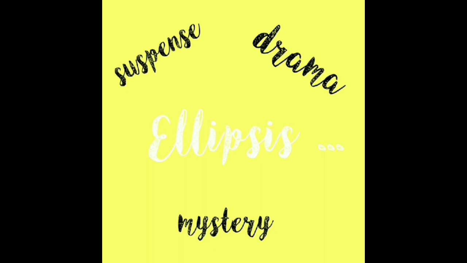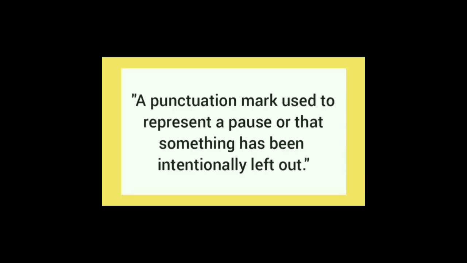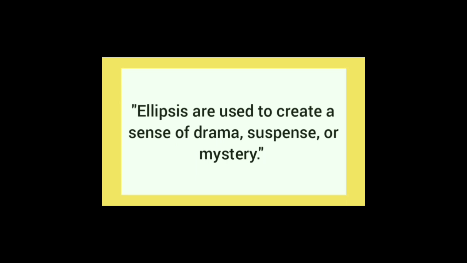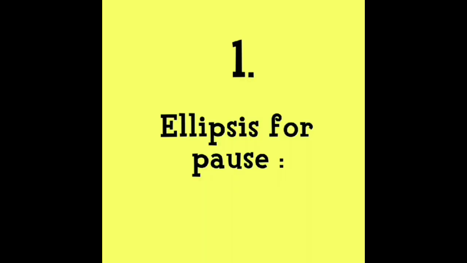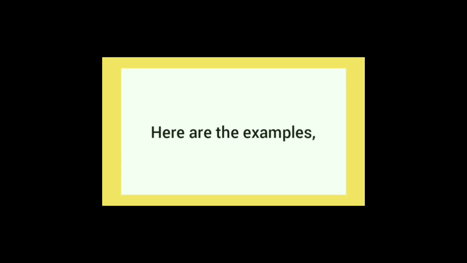Ellipsis. A punctuation mark used to represent a pause or that something has been intentionally left out. Ellipses are also used to create a sense of drama, suspense, or mystery. Ellipsis for pause. Here are the examples.